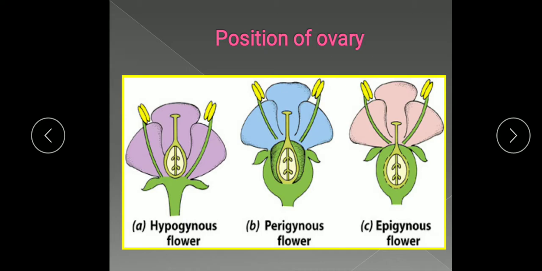Now the next type of flower on the basis of position of ovary is perigynous. In rose, strawberry, plum, peach, in these flowers the thalamus forms a cup-shaped structure.